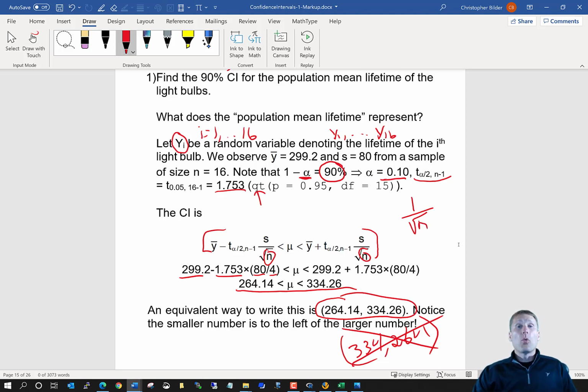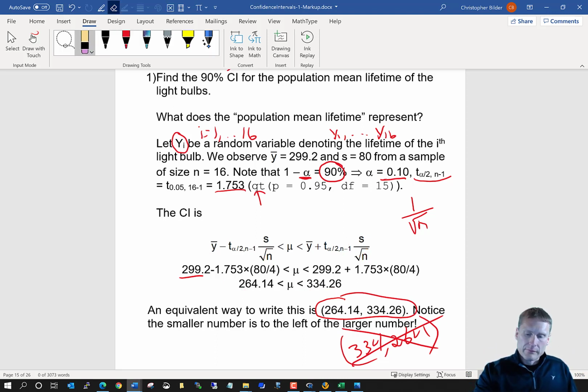Well, that's going to cause 1 over the square root of n to dramatically decrease. So this number here is going to go down. Then I'm going to multiply it by this number here.